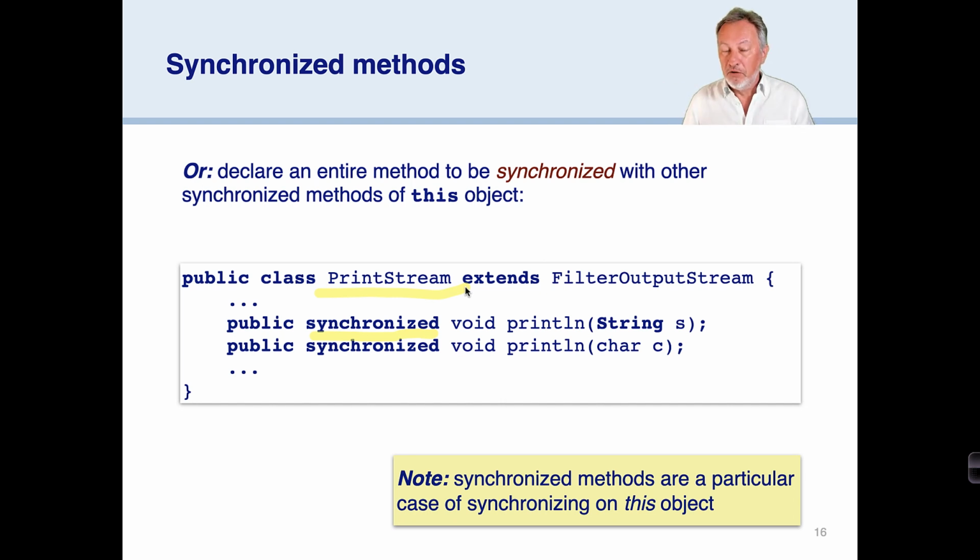Notice if we have multiple print streams, these are independent of each other. We can freely execute their println methods in parallel. But if we have a particular print stream, for example the standard output stream, System.out, then we want to make sure that System.out is synchronized with its printlns.